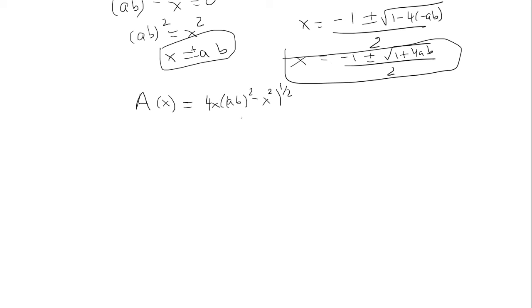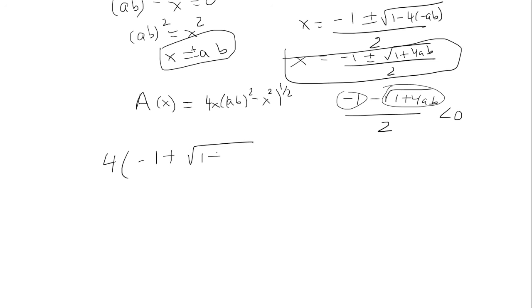So that leaves us to use either -1 plus or minus the square root over 2. If I have -1 minus the square root of 1 + 4ab over 2, this is going to be negative, because this thing is positive, so a negative minus a positive will be negative, divided by a positive is still negative. So really the only thing that makes sense is to plug in x = (-1 + the square root of 1 + 4ab) over 2.